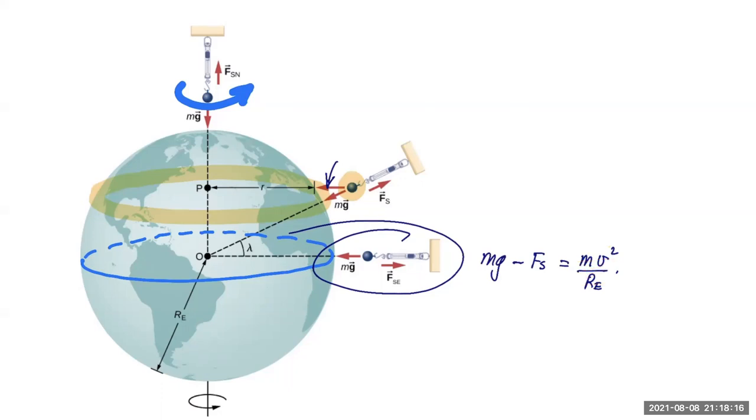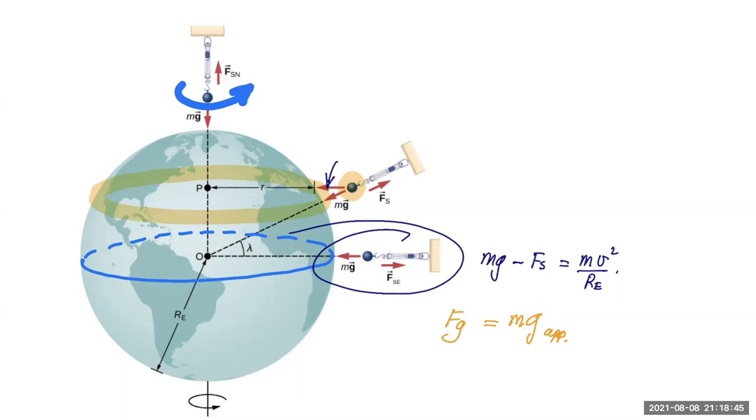So for an object on the equator, the apparent gravitational force acting on it, as measured by the scale, is less than the true gravitational pull. So if you think of Fs as m times g apparent, it is less than the true value of the gravitational acceleration provided by the Earth on that object.